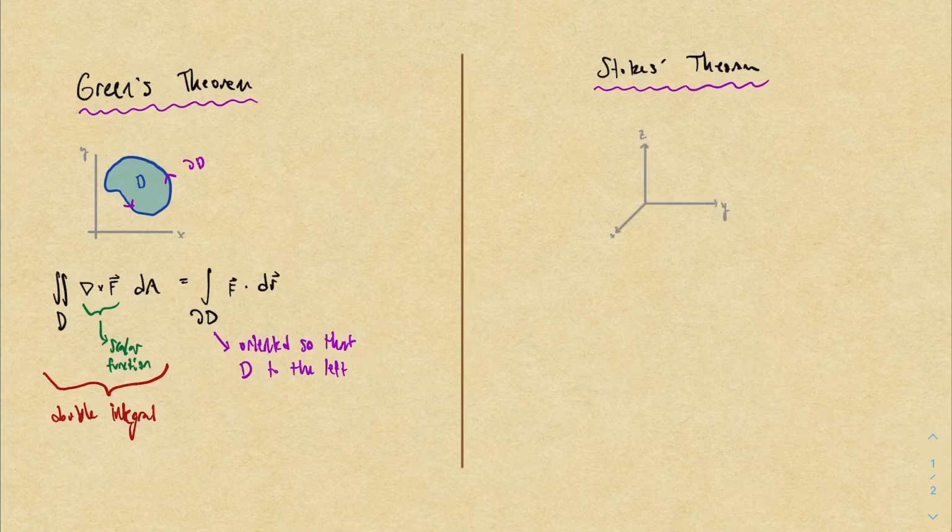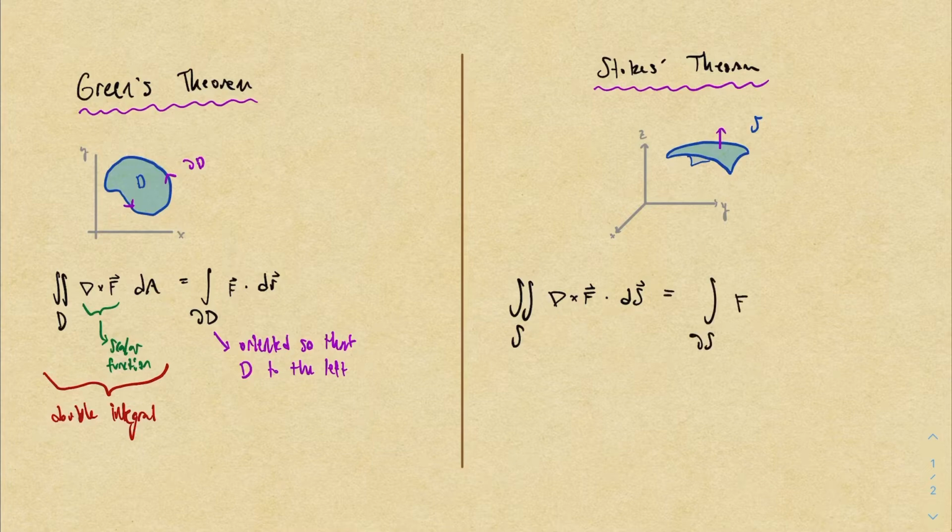So the setting is we have a surface in 3 dimensions. This time it's an oriented surface. And on the left-hand side of Stokes' theorem, rather than the double integral of the curl, we have the surface integral of the curl. And then on the right-hand side, we're equating this to the line integral of the vector field over the boundary curve, just as in Green's theorem.